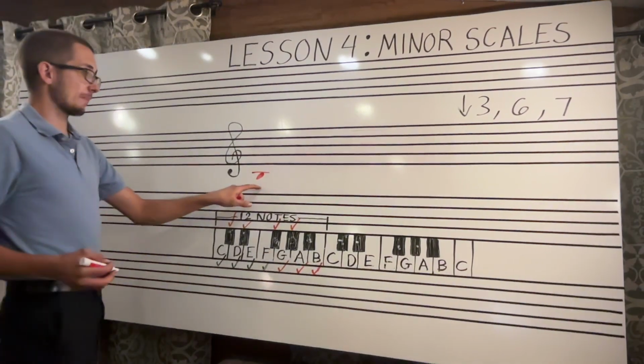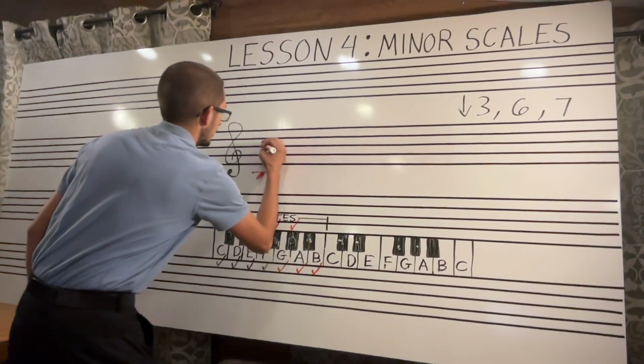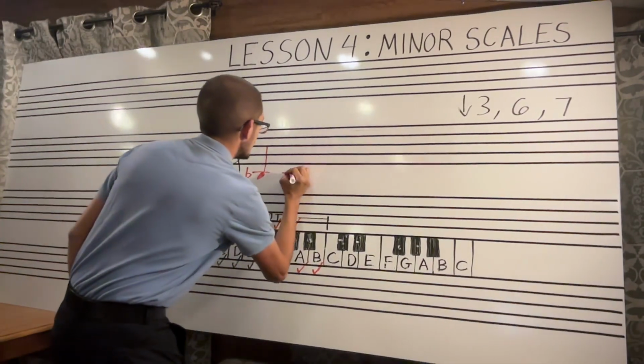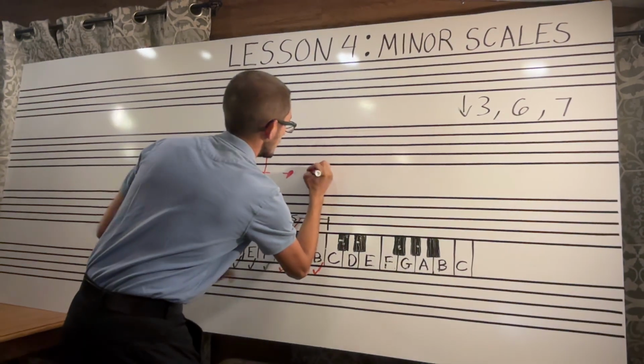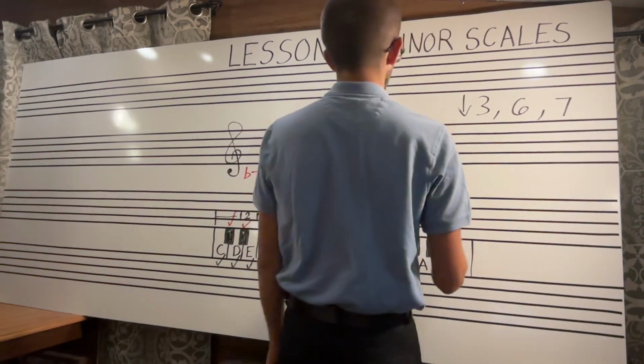In order to get our B flat natural minor scale, we need to start with our B flat major scale, which has the notes B flat, C, D, E flat, F, G, A, and B flat.